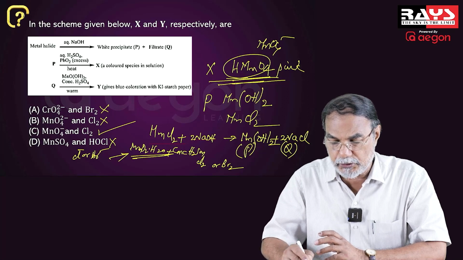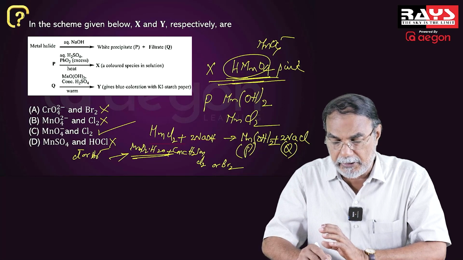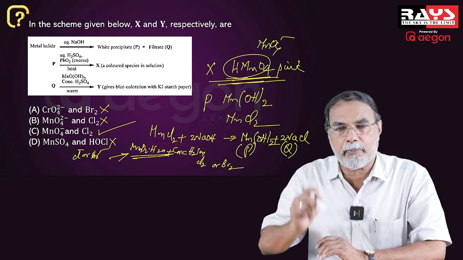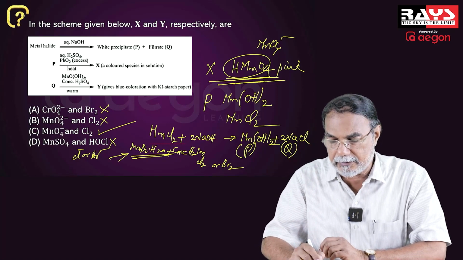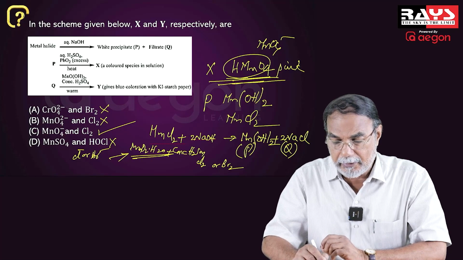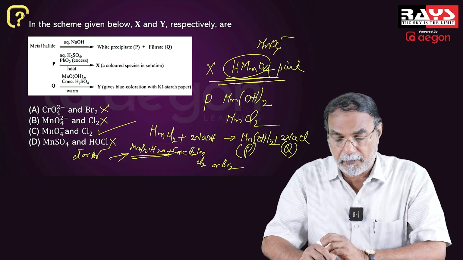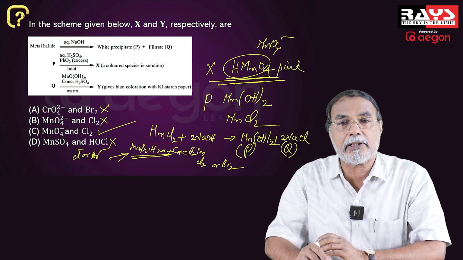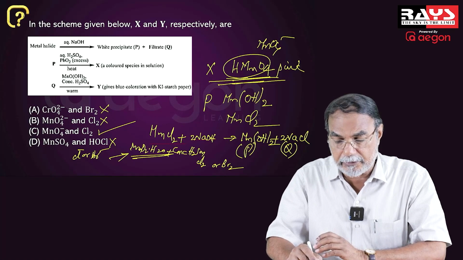So the colored species in solution with acid medium, lead dioxide, etc., when you read this, click in your mind that it is the permanganic acid test.